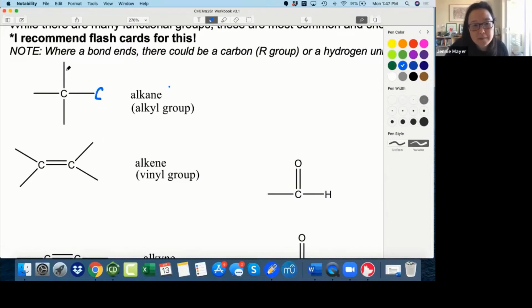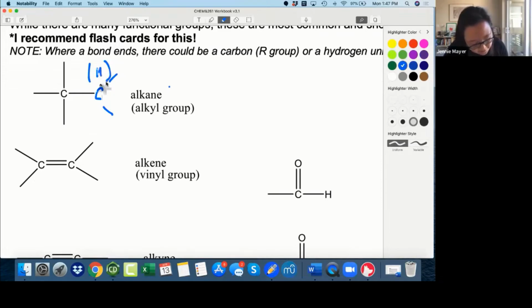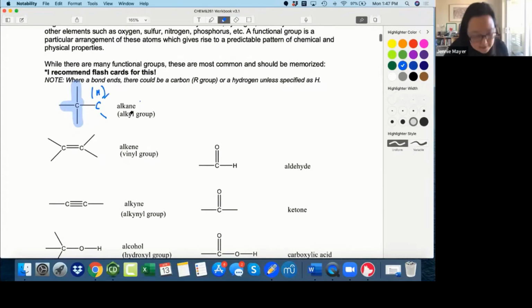And it's the carbon that's attached that is the alkyl group. It could be many carbons, it could be a hydrogen, it could be some different things. But what we're focused on here is the fact that it's a carbon with maybe other carbons on it. So that's what we're referring to as an alkyl group.